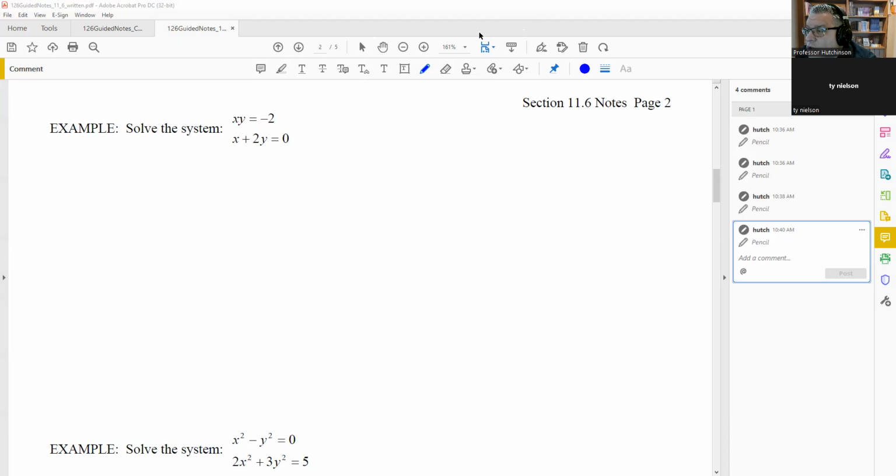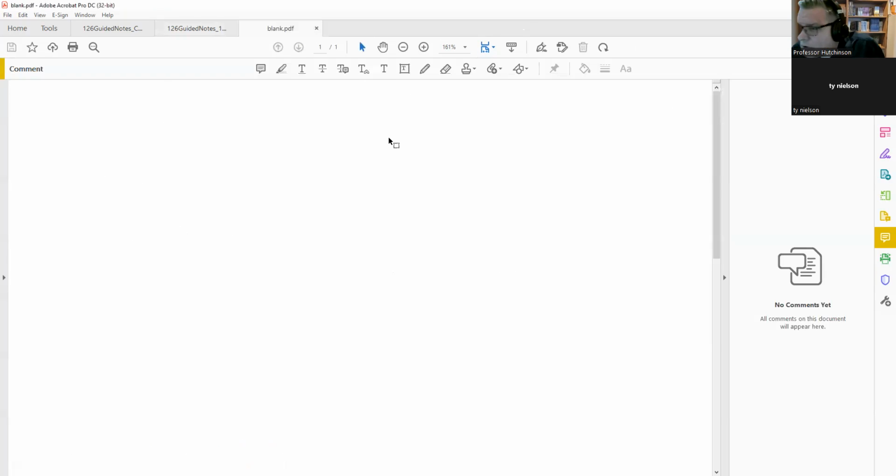So let's take a look at this. I'm going to pull up a blank page for you first, and let's take a look at a graphing one. This is an additional example I'll show you here that wasn't originally in my notes, but it's like the one in the homework.